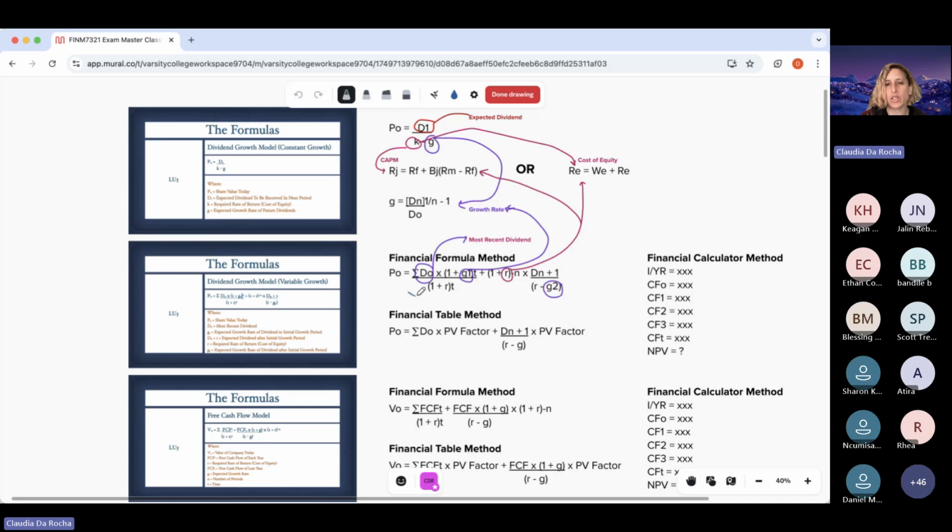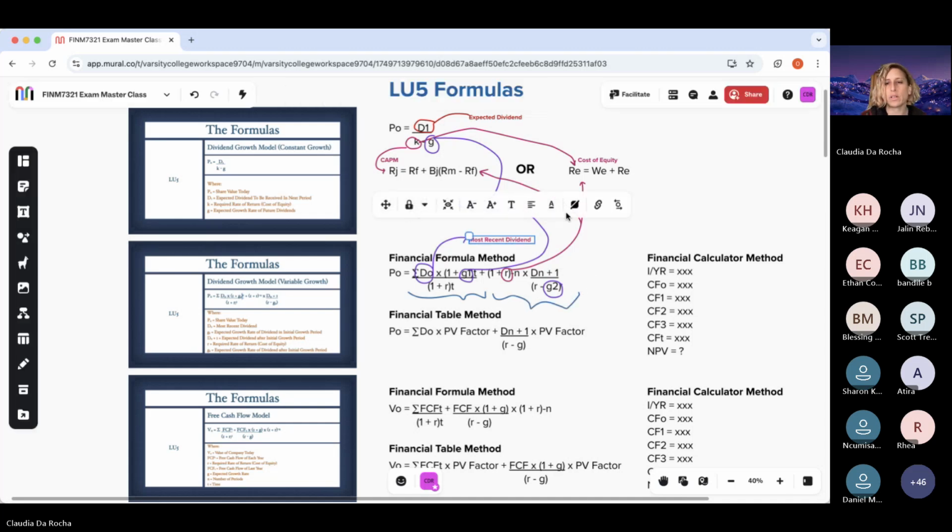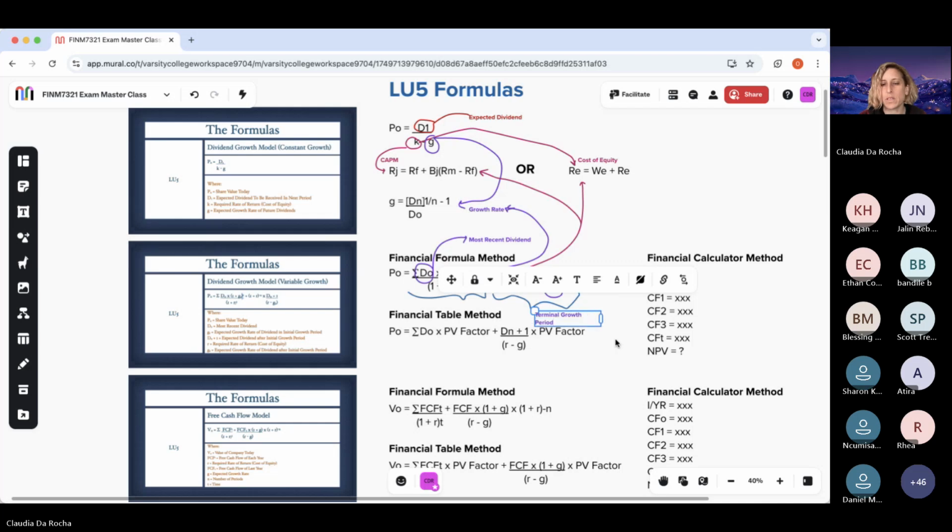You'll have an initial period and then a terminal growth period. And then there's your initial growth period.